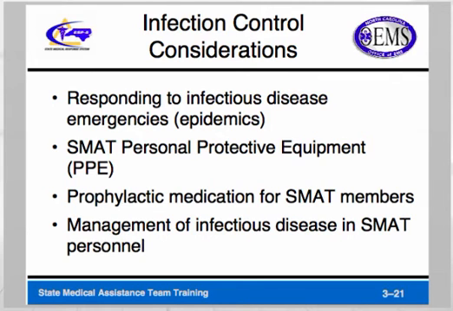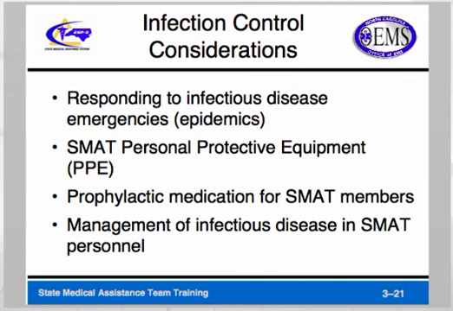The primary SMAT infectious control objective during these situations is to prevent the transmission of disease to SMAT members and from SMAT members to the community. Intensification and enforcement of infection control measures should be both an administrative and an infection control priority during these deployments.